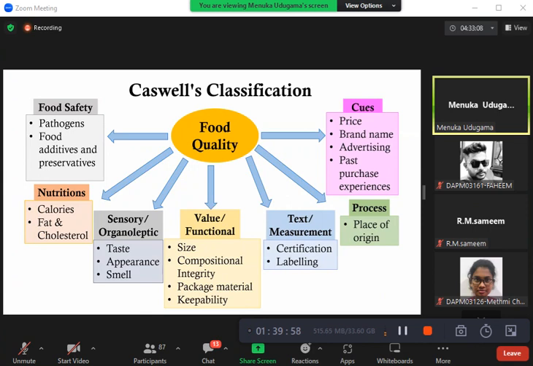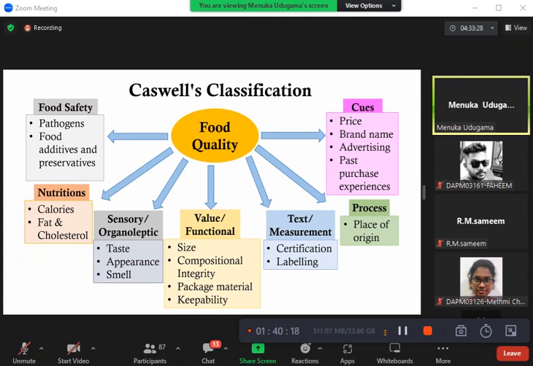There's a famous food economist called Caswell, and she has come up with a very famous, widely used model that we can use to estimate the food quality of a product. Right? So there are several categories under Caswell's classification.